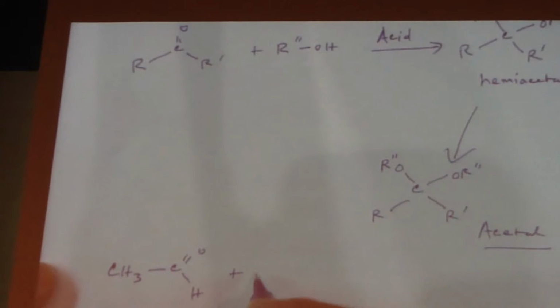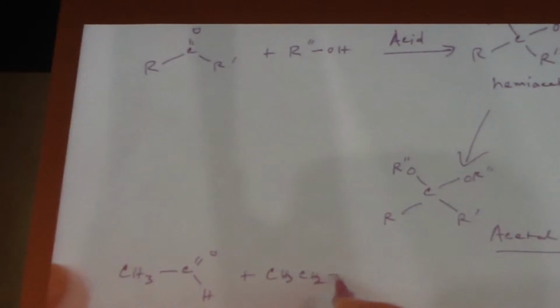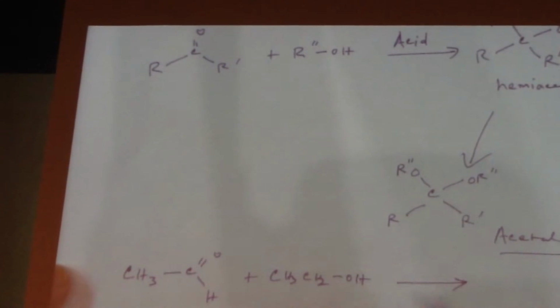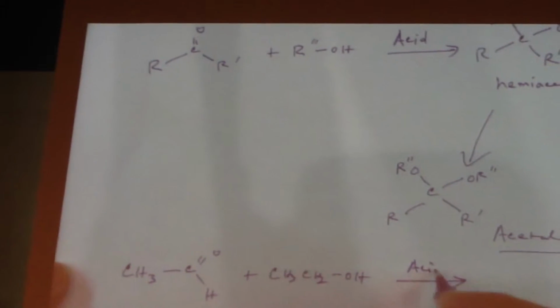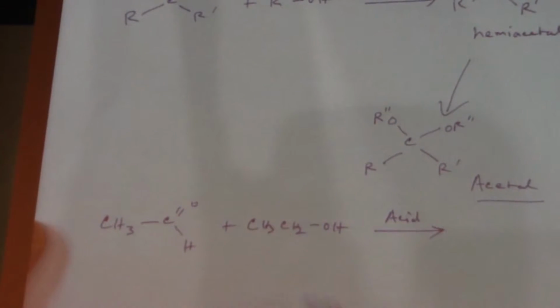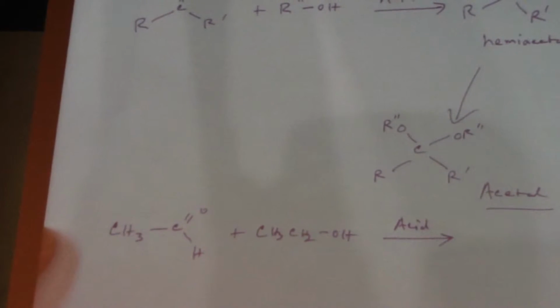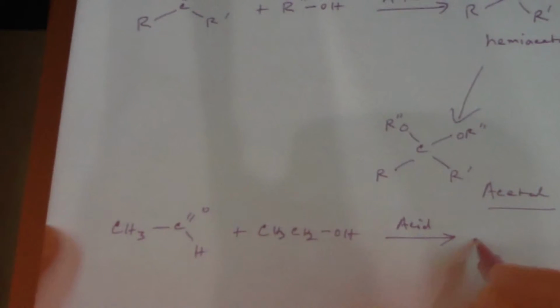And we treat it with ethanol, in the presence of an acid, HCl or H2SO4, for example, a catalytic amount that can catalyze the reaction, generating ultimately an acetal that will have the formula as such.